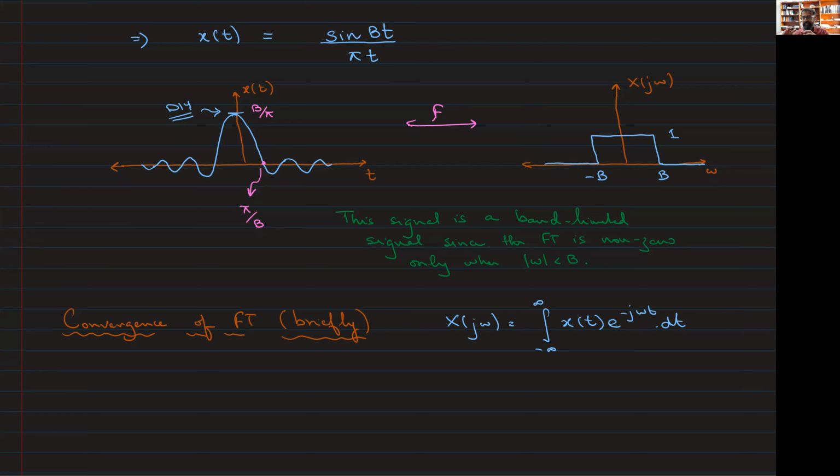And since this is an infinitely long integral, this integration is taking place over a time duration which is infinitely long. And whenever you're integrating from minus infinity to plus infinity, you may run into convergence problems, right? This integral sometimes may not converge, right?